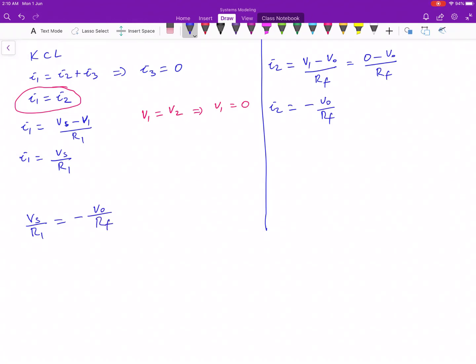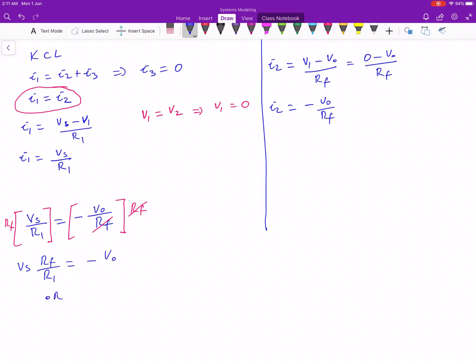So if I multiply on both sides with Rf, that Rf is gonna go. And what I'm going to have is Vs Rf over R1 is equal to minus V naught.